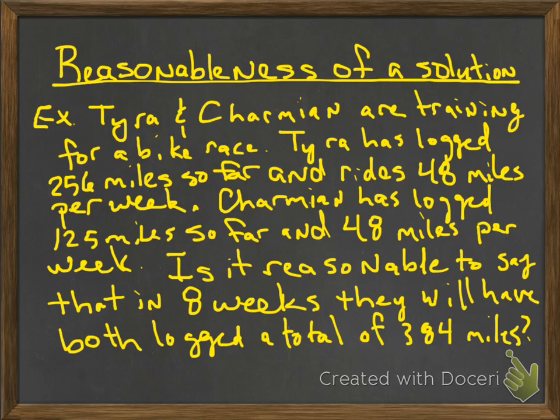So they will both have ridden 384 miles, but let's look at the totals. One begins at 256, one begins at 125. In all honesty, they're going the same amount every week, but Tyra started earlier. So there's never going to be a time when they've logged the same total amount of miles, because again, this is a total.